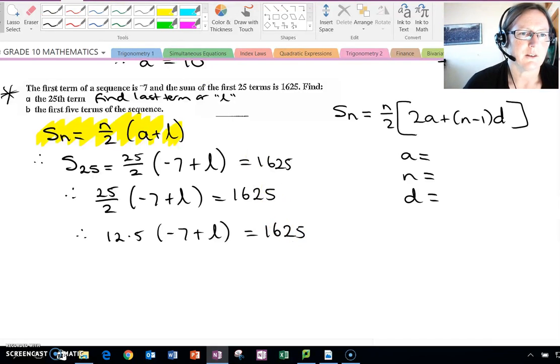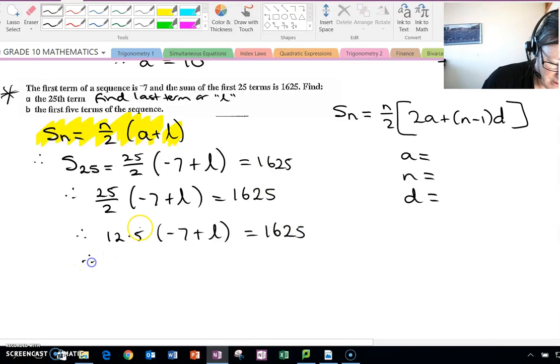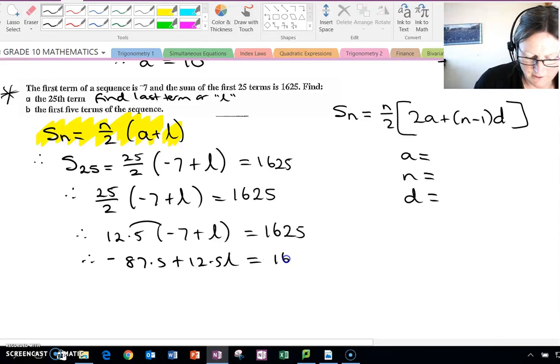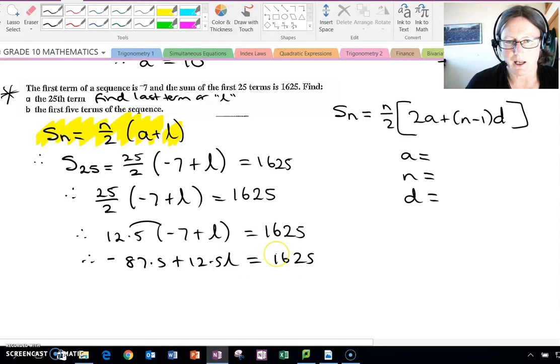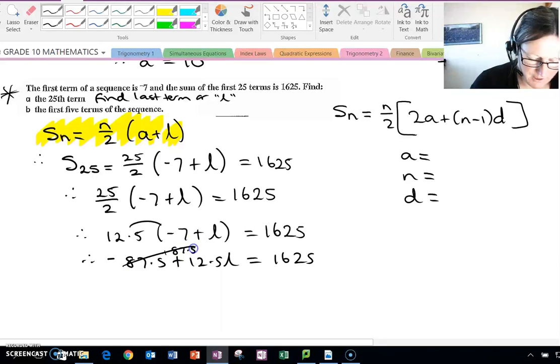I'm going to expand out my brackets. So negative 87.5 plus 12.5L equals 1625. And I might do this slightly different to the book. I'm going to add 87.5 to this side to cancel that out. So I need to add 87.5 to the other side.